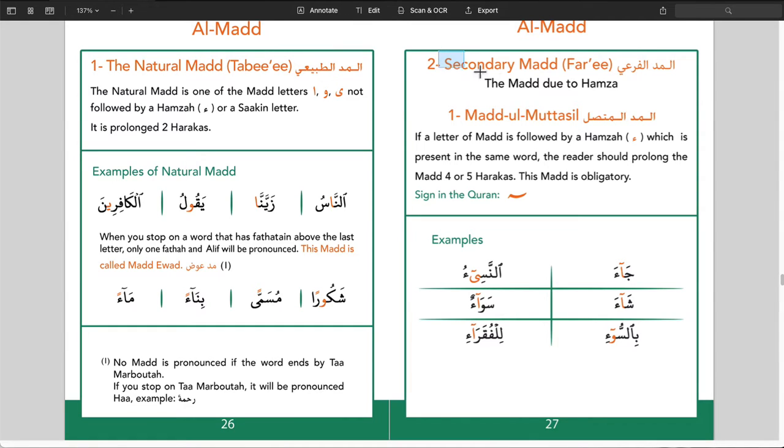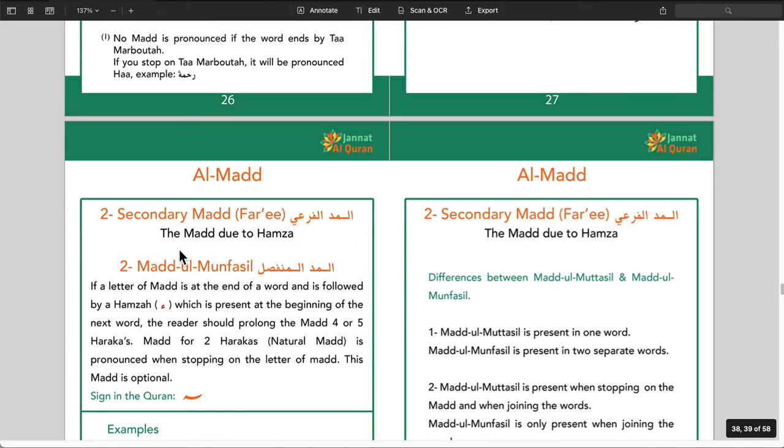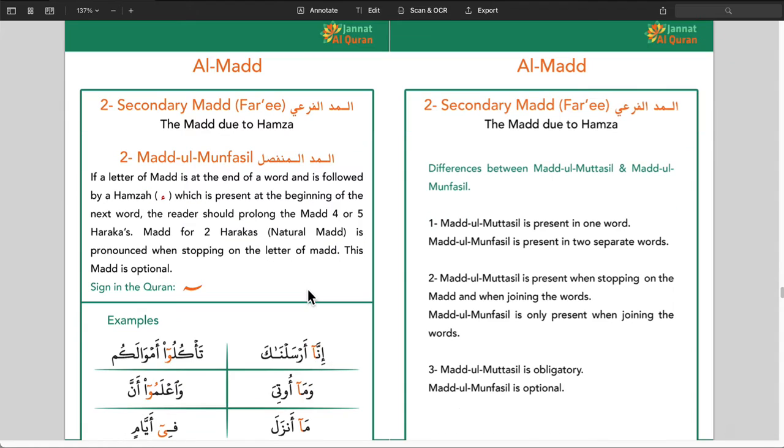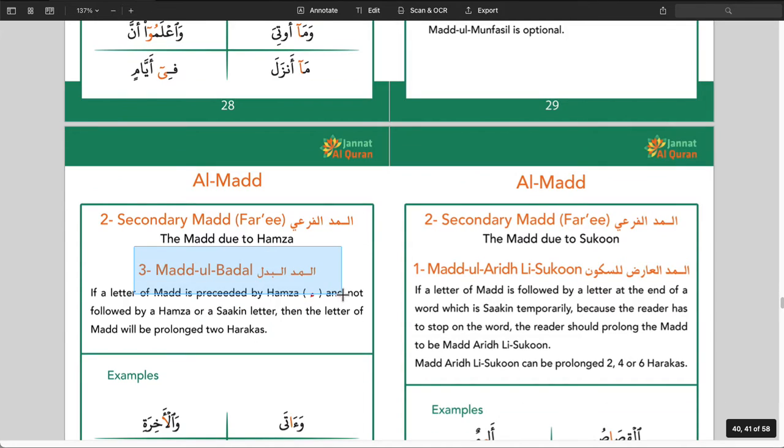Okay, then the mad far'i, which is caused by the hamza. Under this category we have muttasil. Let's go down. We have munfasil, and then lastly we have badal. Three under this category of mad far'i. So whenever you hear mad far'i, we know that it is due to hamza and it has three categories under it.